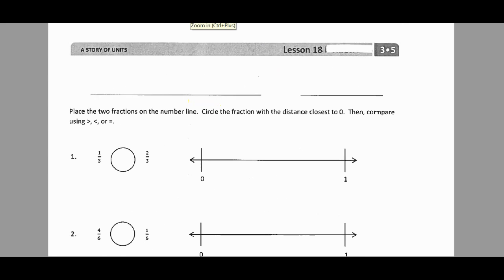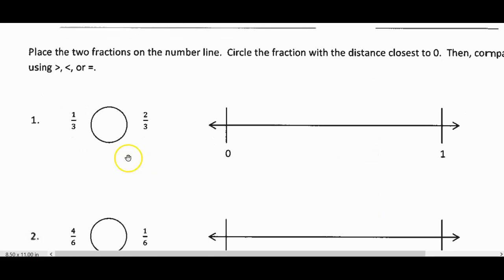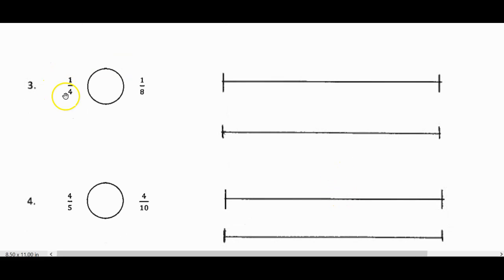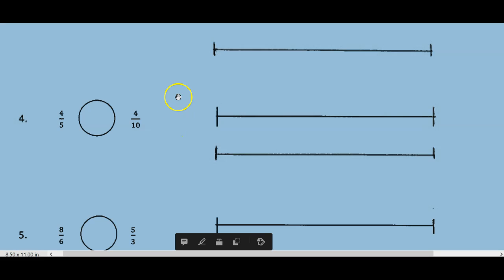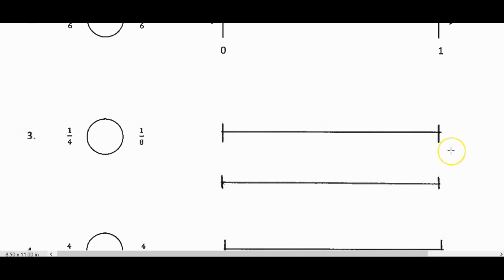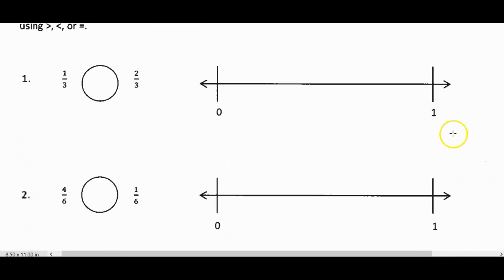Well, this one has 2 lines, and this one has 2 lines. So I'm gonna do an example on both. Let's do number 1.